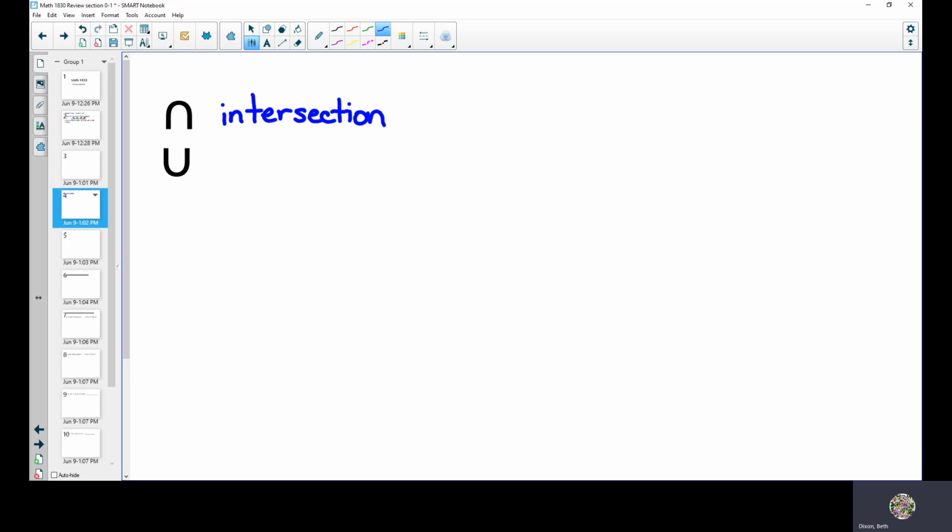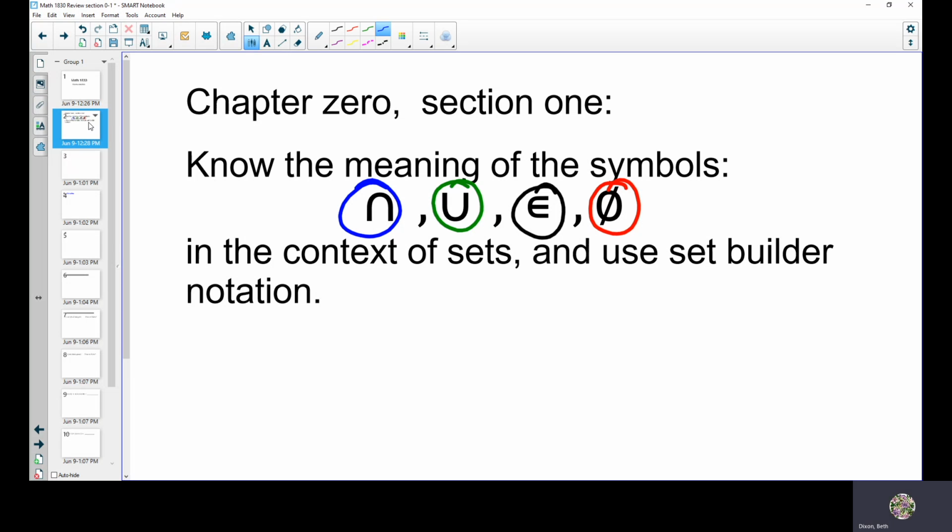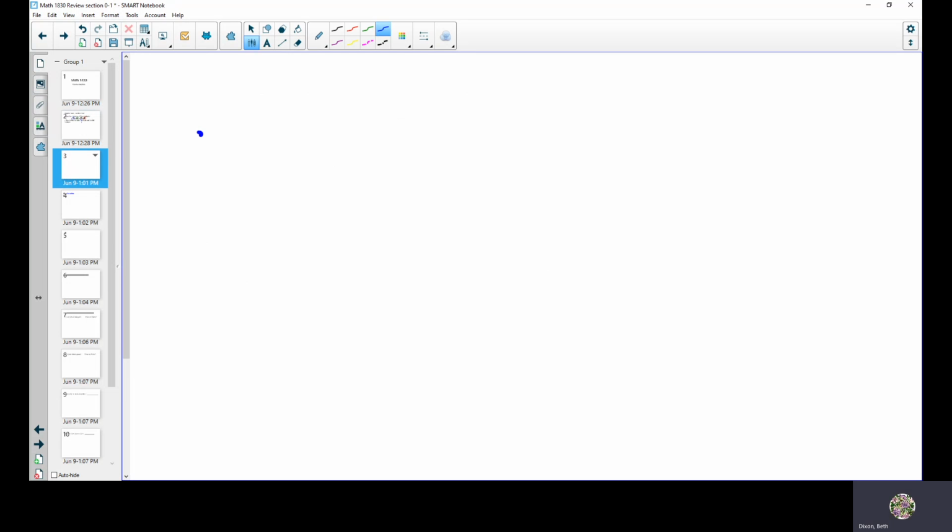A set is a group of numbers or items or data information. Let's back up just a second, and let's start with this other symbol.